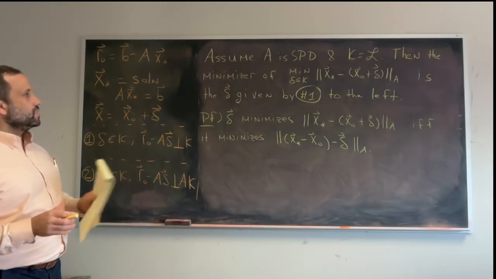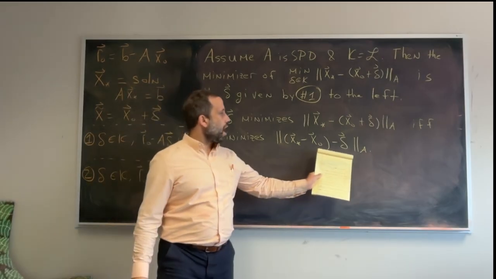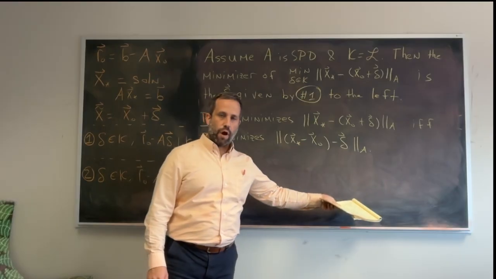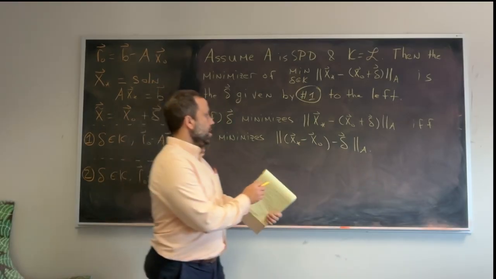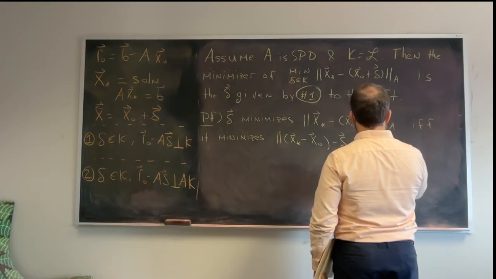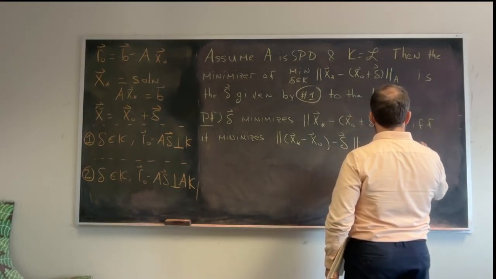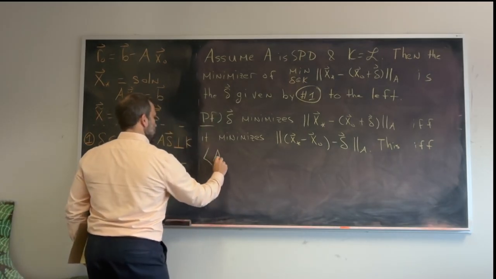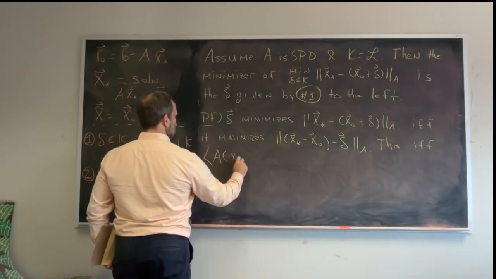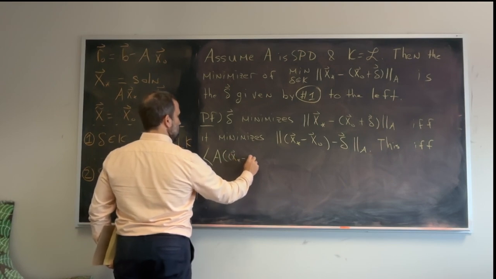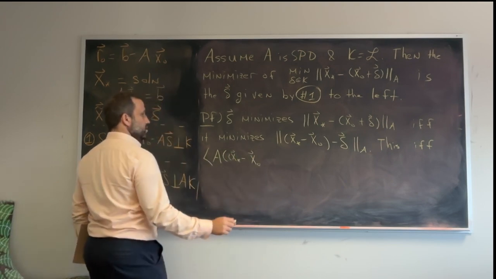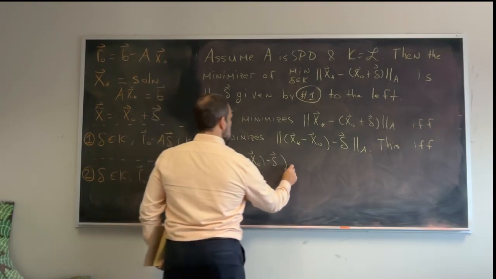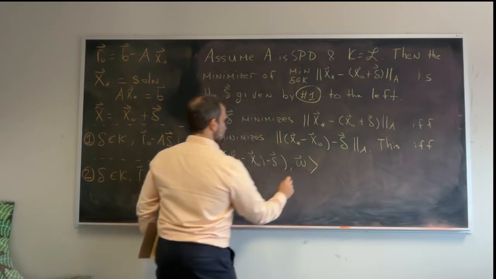Remember, delta is in the subspace K. So this is minimized if and only if the residual is orthogonal in the A inner product to K. This happens if and only if A times (x star minus x naught minus delta) is orthogonal to w.